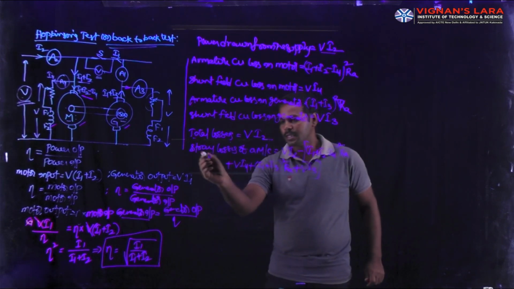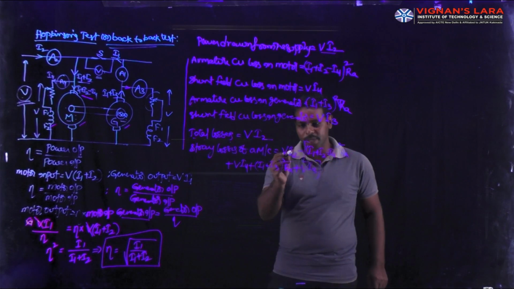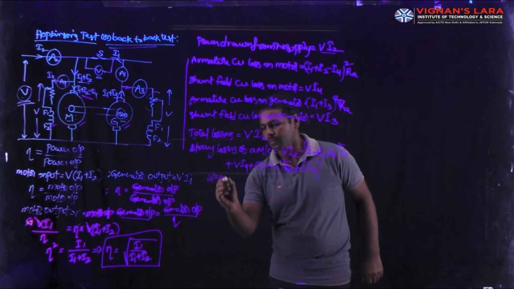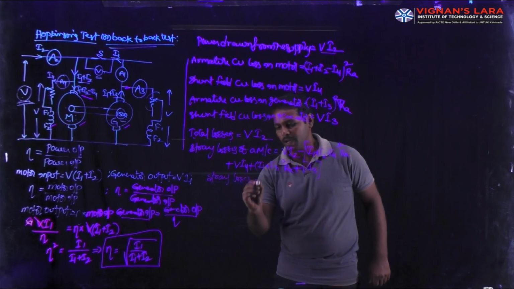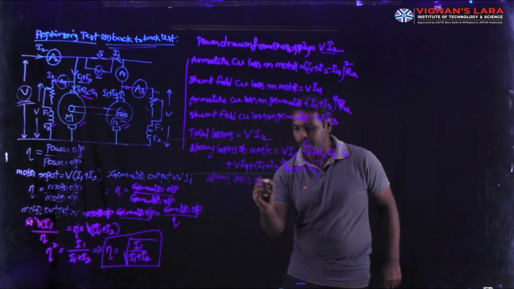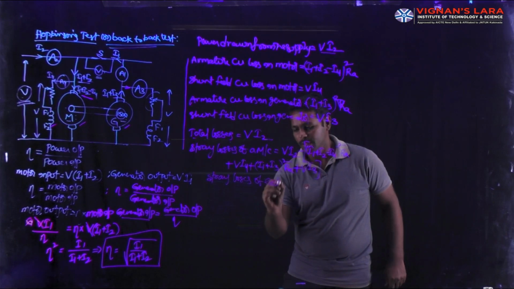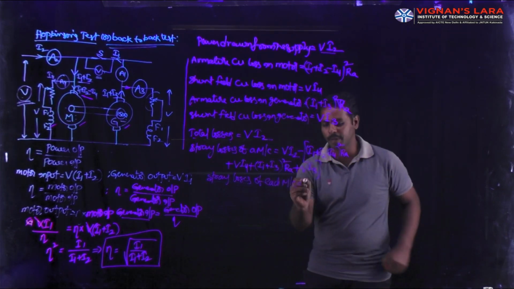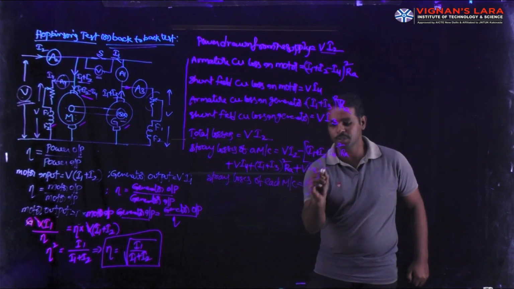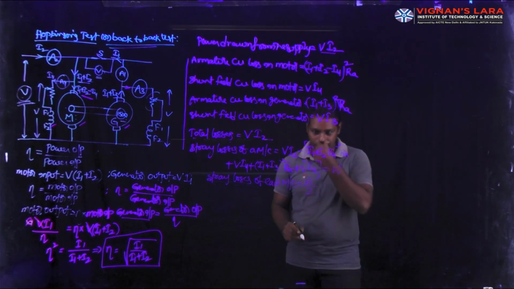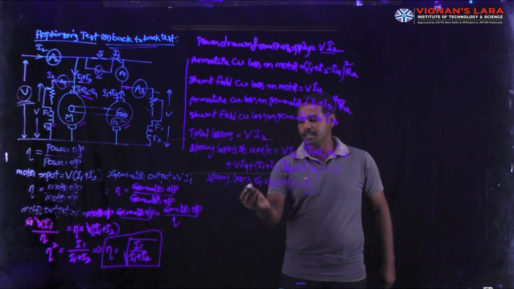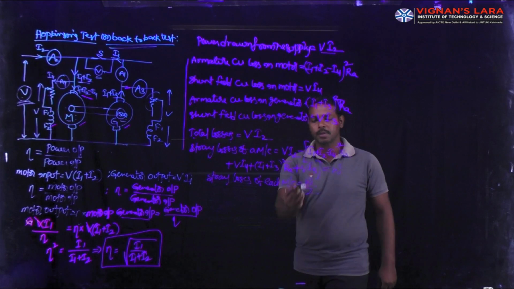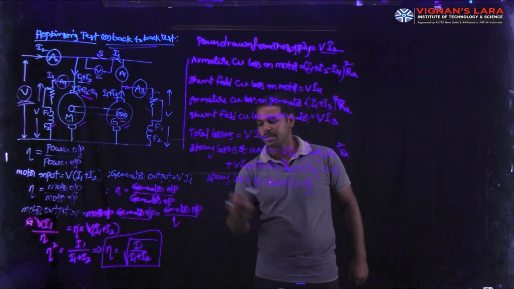So the stray losses of each machine are equal to the stray losses divided by 2, that is W by 2. So W divided by 2 is the stray loss of each machine.